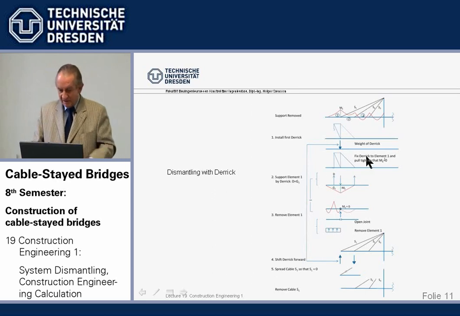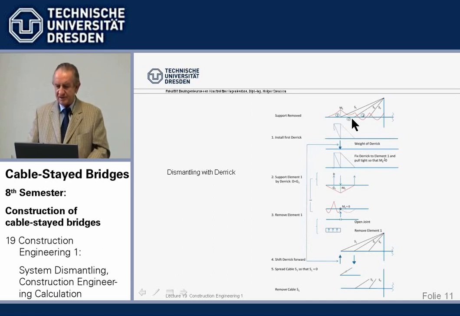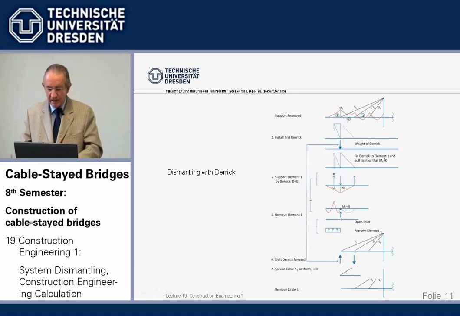Now, we have here this system. Just the joint has already been opened without the help of a derrick. I can do that on site without a derrick. And now I install the derrick here on the beam.